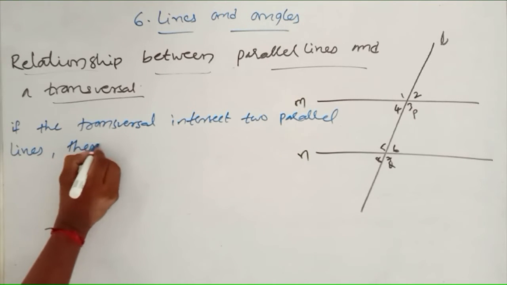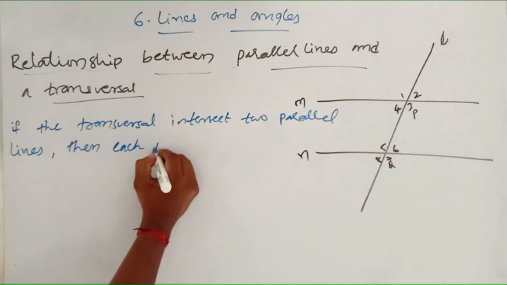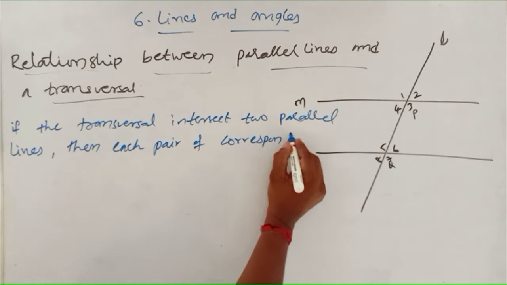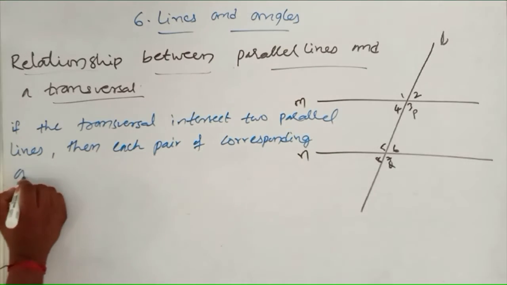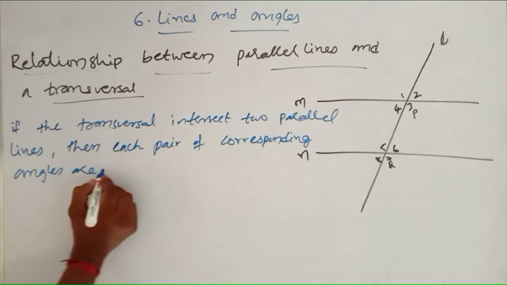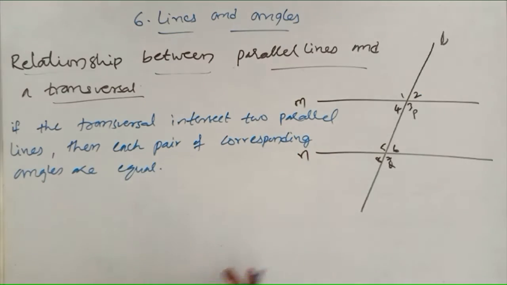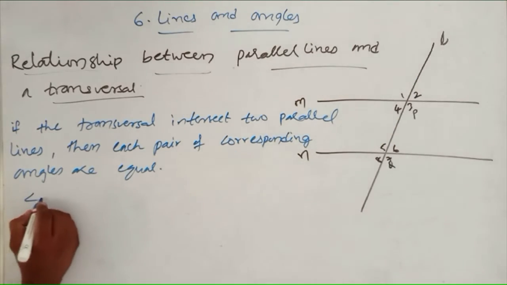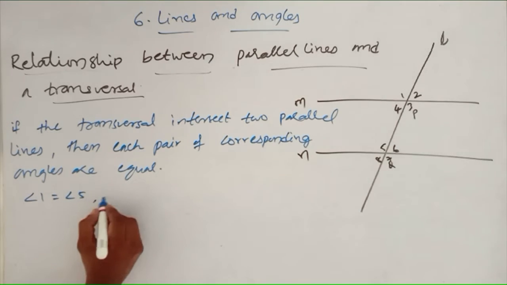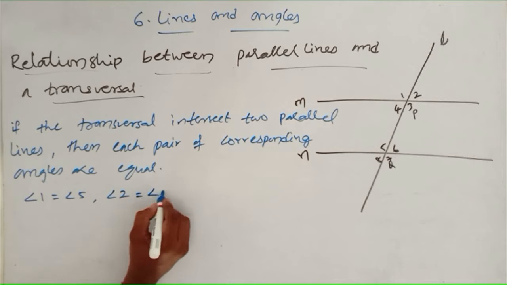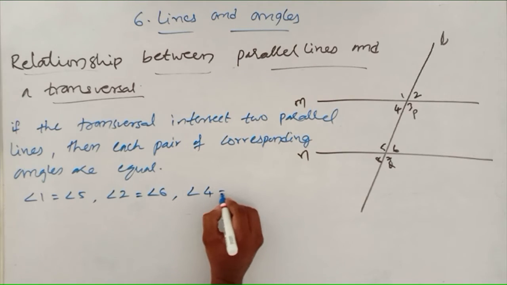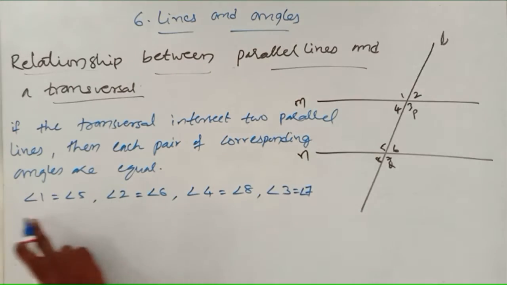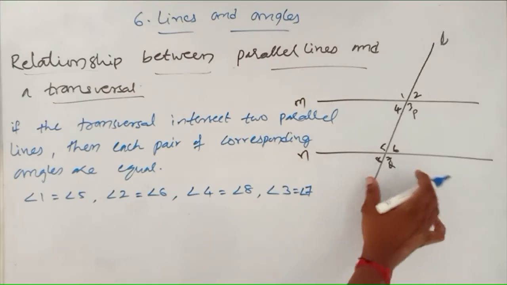That is angle 1 is equal to angle 5, angle 2 is equal to angle 6, angle 4 is equal to angle 8, angle 3 is equal to angle 7. These are the corresponding angles and they are going to be equal. We'll take one example and check it.